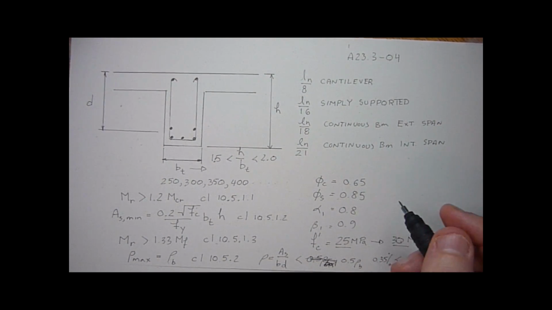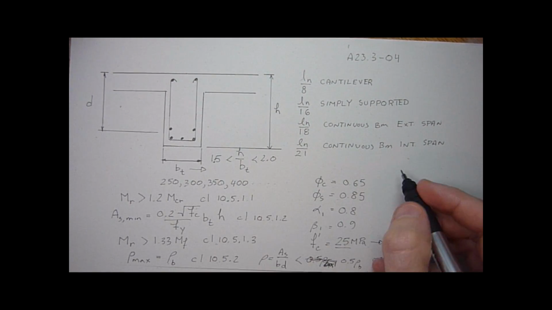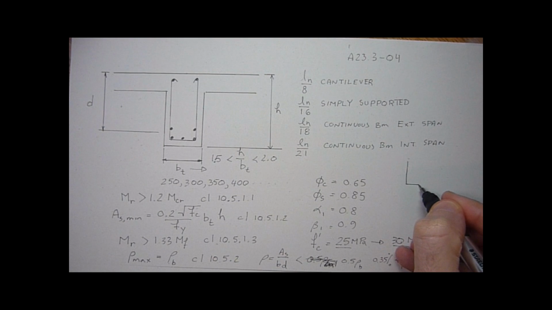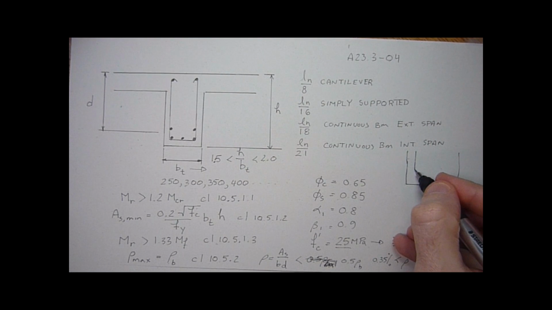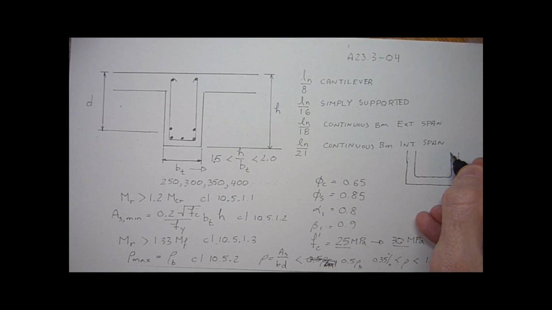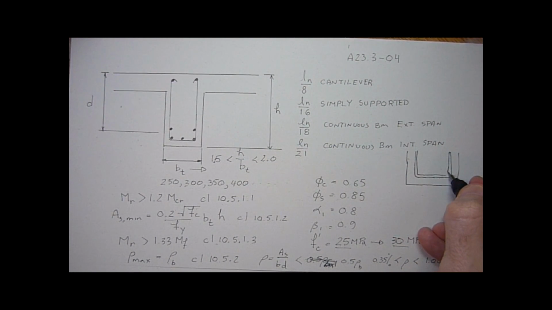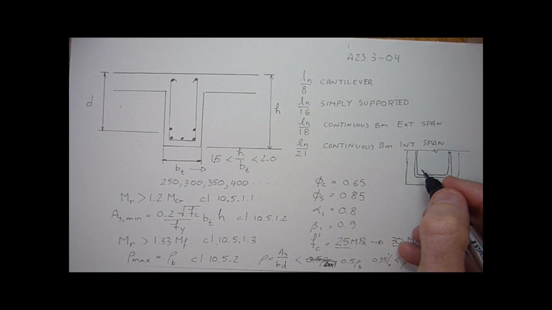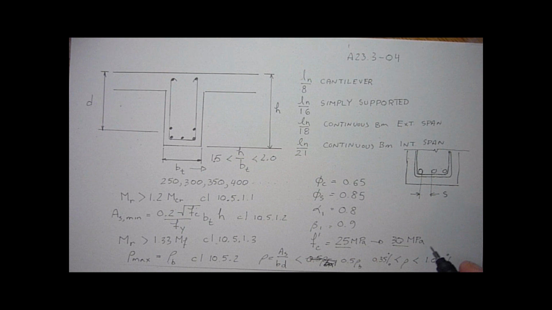And the only other thing to consider would be spacing criteria. So the clear spacing between these bars, if I were to blow up the scale a bit more here, this beam web. We have these ties, or the stirrups, some people call them. I'll draw them thicker. They're generally 10 Ms or 15 Ms. What I want to talk about though is the clear spacing between bars, and we call that s.